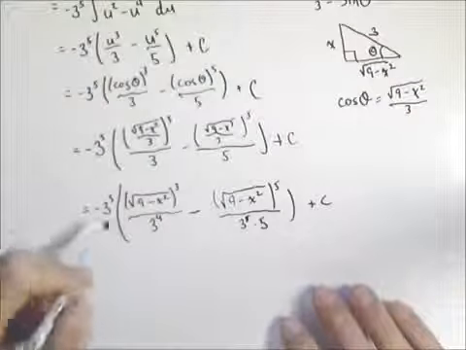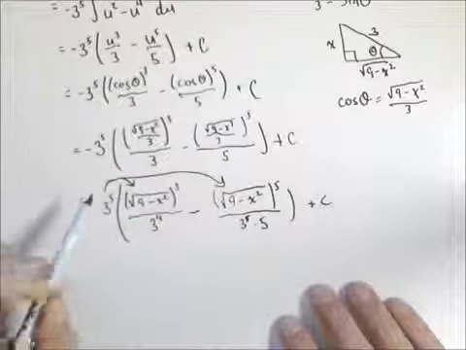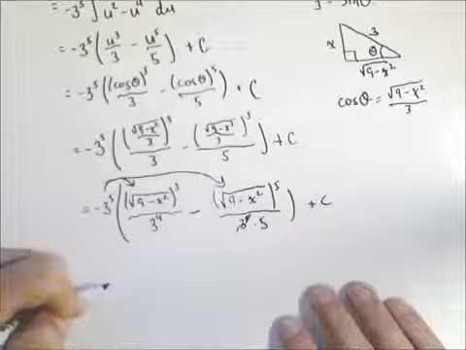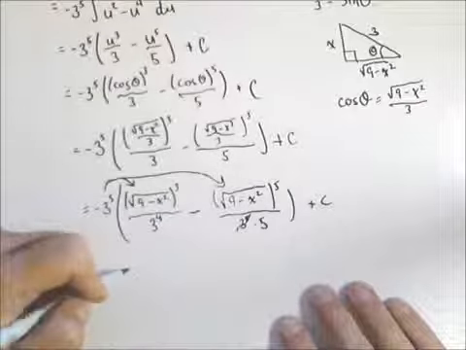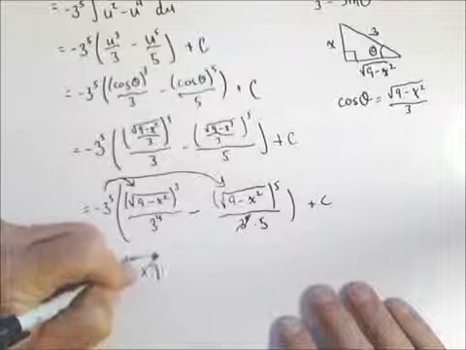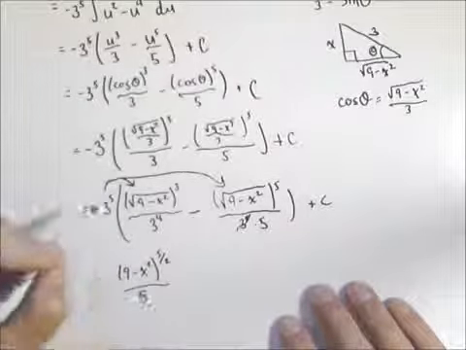Lastly, I'm going to distribute this negative 3 to the 5th. Notice it completely cancels this out and changes the sign. So, in front. And if we want to, we could write this to the 5 halves. So let's do that. 9 minus x squared to the 5 halves over 5.